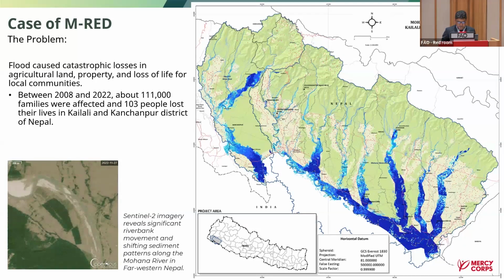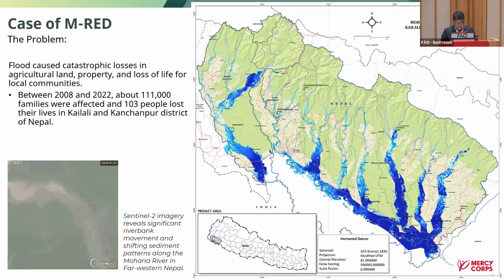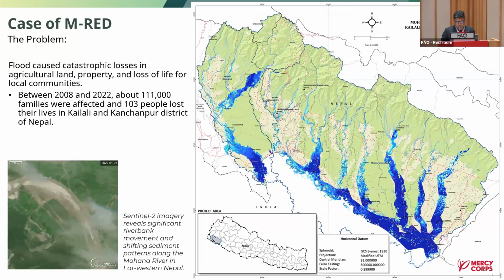On the screen, you are looking at the map of Macheli Mohana watershed in the far western part of Nepal, displaying flood hazard maps. There are several rivers that are flowing from Chure Hills in the north to the southern plains. These rivers meander and shift riverbanks every year, and with every monsoon, floods cause inundation and riverbank cutting.